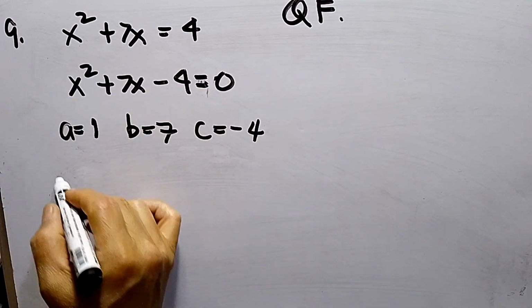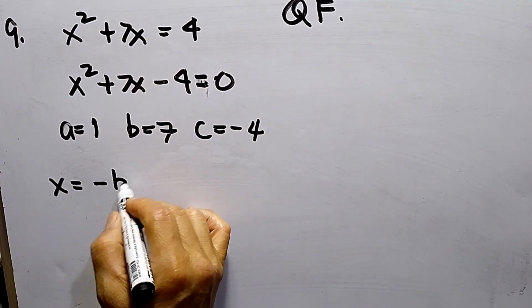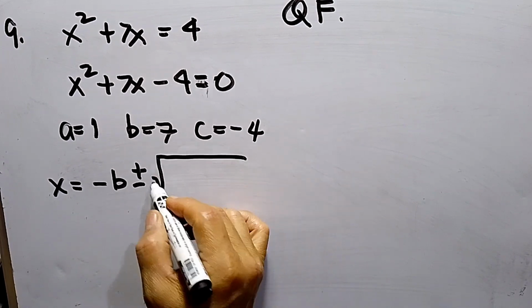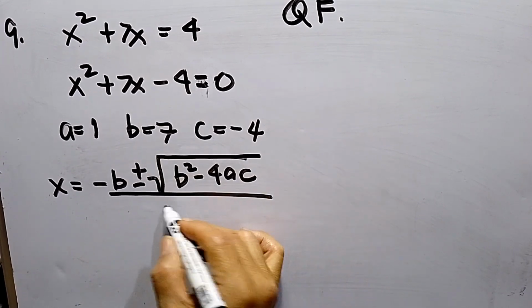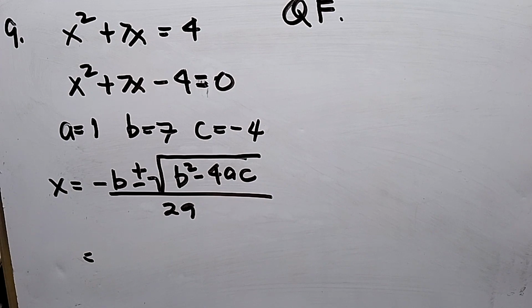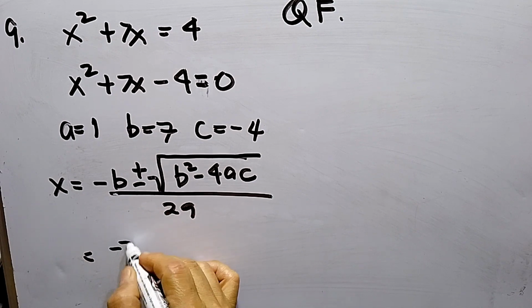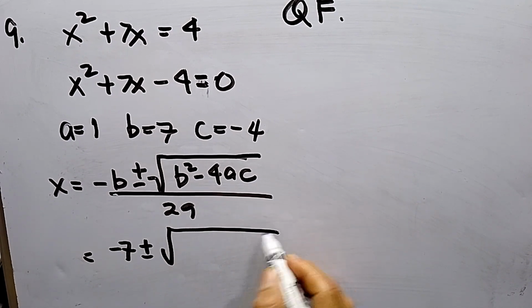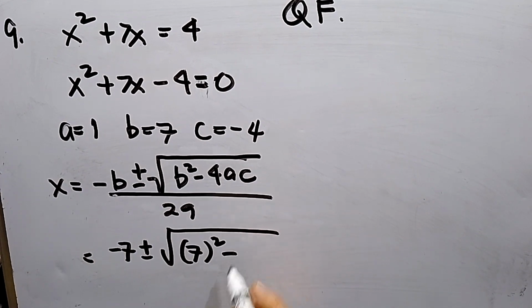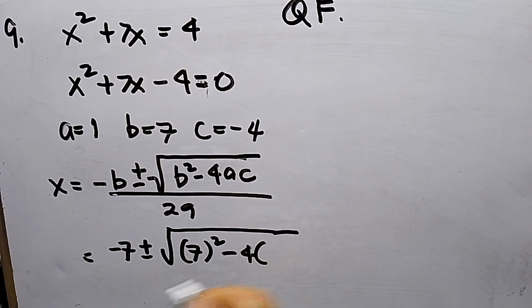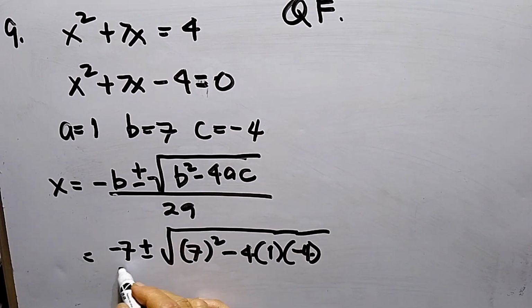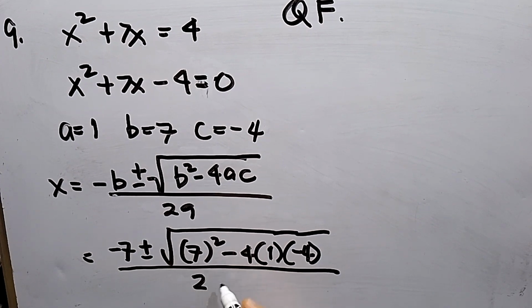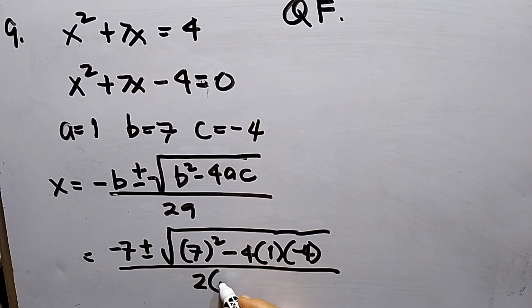Since the variable is x, we will use x equals negative b plus minus square root of b squared minus 4ac all over 2a. Okay, I need to substitute the values of b, a, and c. So I have negative 7 plus and minus square root of 7 squared minus 4, a is 1, c is negative 4, then over 2 times 1.